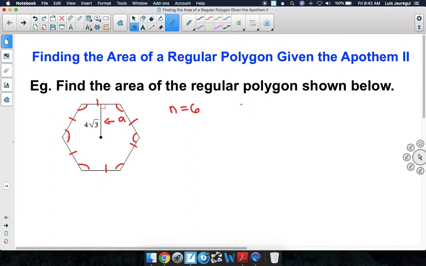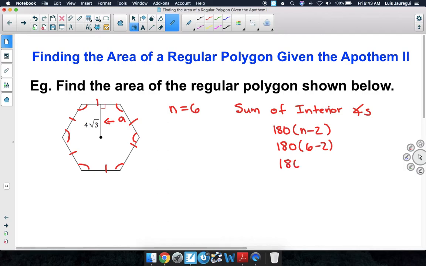First, let's find the sum of interior angles in a hexagon. If you remember, we find the sum of interior angles by using the formula 180 times (n minus 2), where n is the number of sides. So in this case, we have 180 times (6 minus 2), which simplifies into 180 times 4, which is simply 720 degrees. So that's the sum of interior angles.